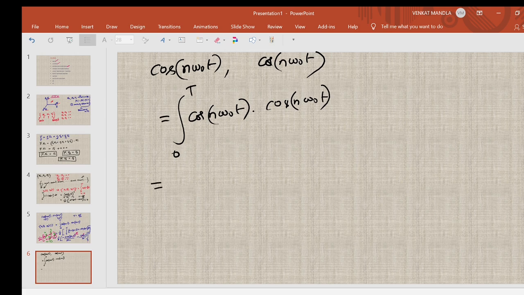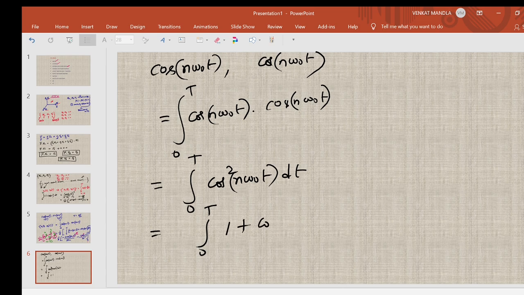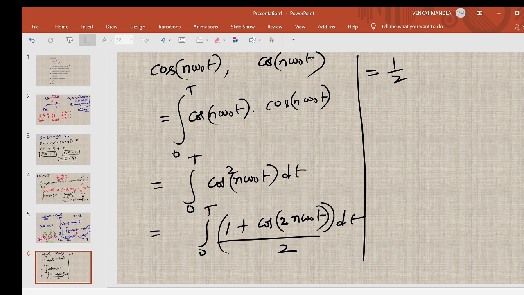What do you get? Integral 0 to T of cos squared n omega naught t, which can be represented as 1 plus cos 2n omega naught t by 2, dt. Now 1 by 2, this is t, and this is sin 2n omega naught t by 2n omega naught.